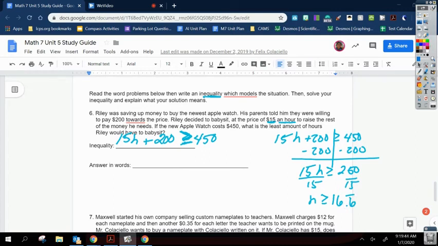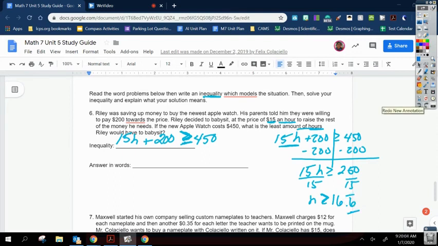Since it's time, 2/3 of an hour, 0.6 of an hour is really 40 minutes. So it says the least amount of hours. That's kind of tricky, right? So since h needs to be bigger than 16, if he only babysat 16 hours, would he have enough money? No, because he needs that extra 6/10 to reach 450.